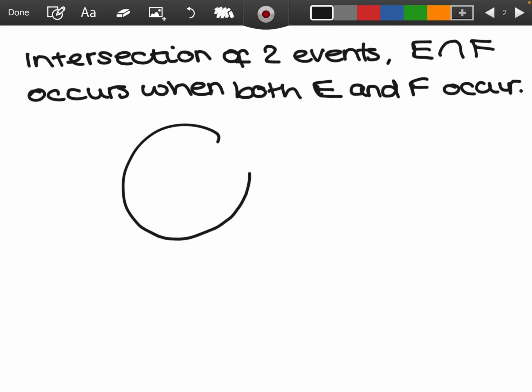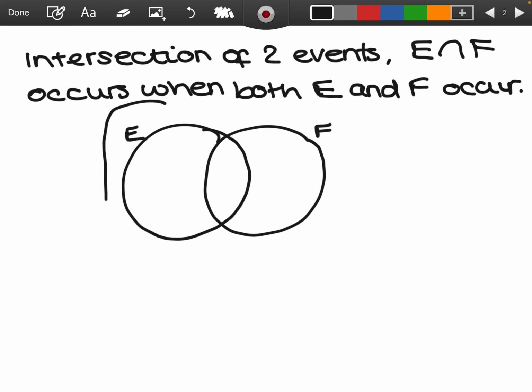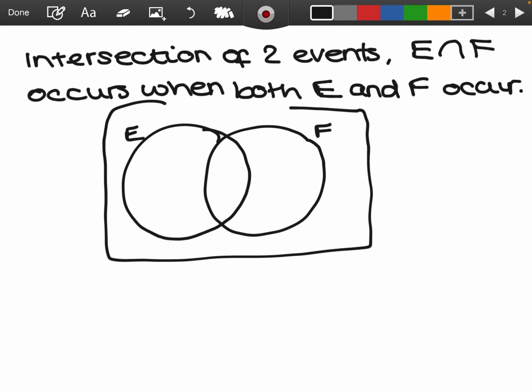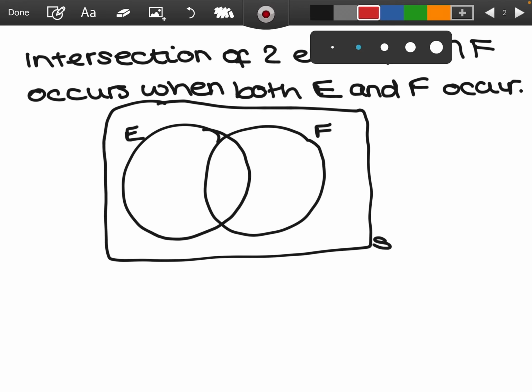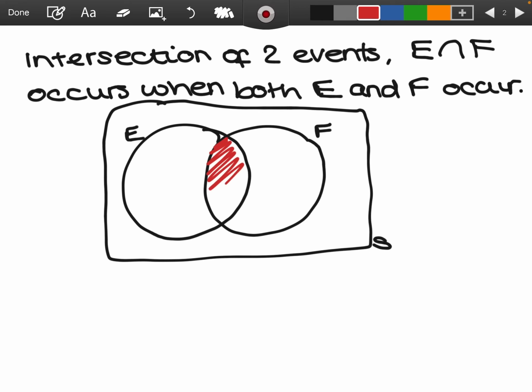So if we draw this as a Venn diagram again, this is our event E, this is our event F. This outside box, everything inside it is going to be in our sample space. So for our example here, that would be for rolling a die, all numbers 1 through 6. Okay. E intersect F is just when both occur.